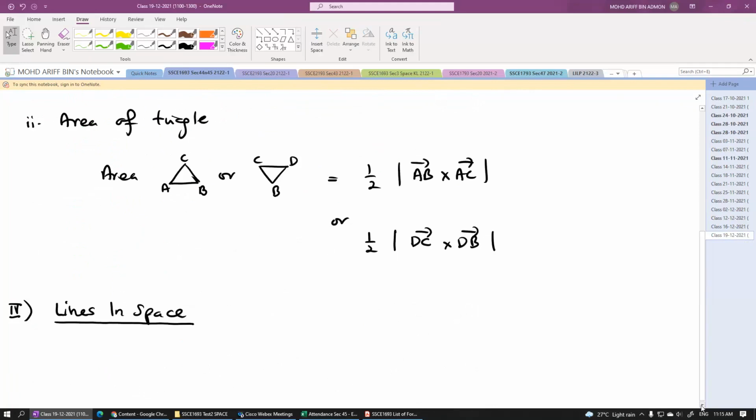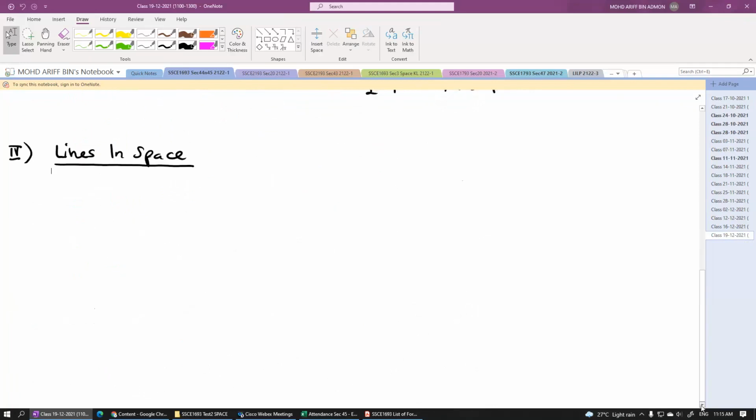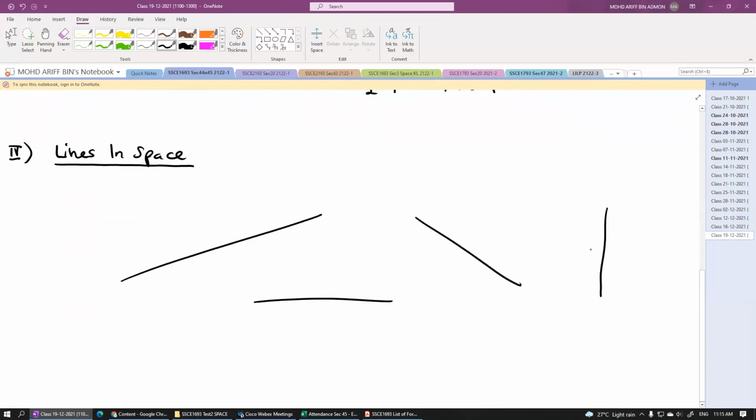Line in space. So line, just a straight line, for example like this, or like this, or horizontal, or vertical, as long as that is just a line.